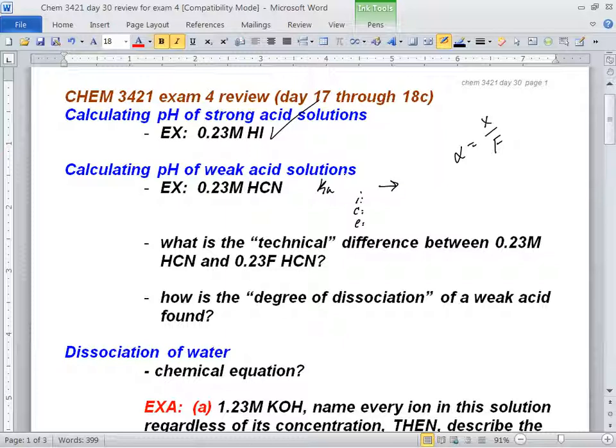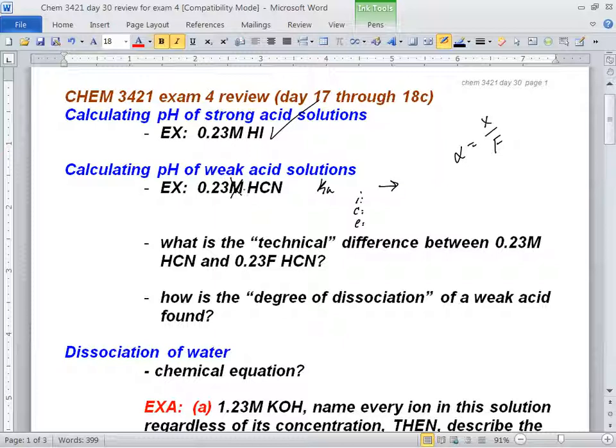So if I'm going to give you a problem like this, find the pH of a 0.23 molar HCN solution, I shouldn't be saying what? What's wrong with that sentence? What's technically wrong?